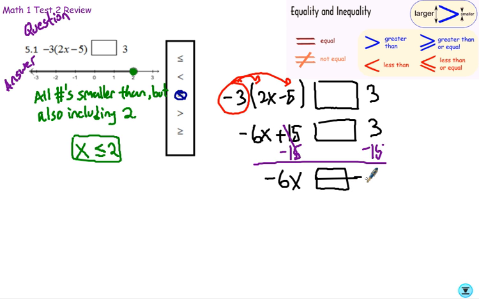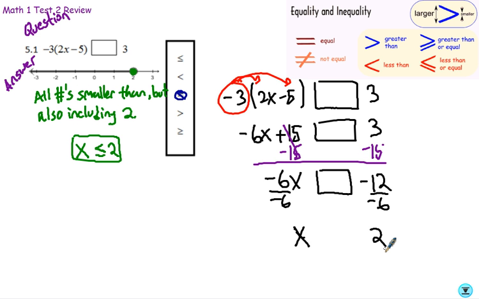Not sure why that line keeps coming in there. I'll redraw it. -12. Little technical difficulties here. Alright, so I'm trying to get x by itself. I have to divide both sides by -6. So let's divide by -6, and then I get 2.